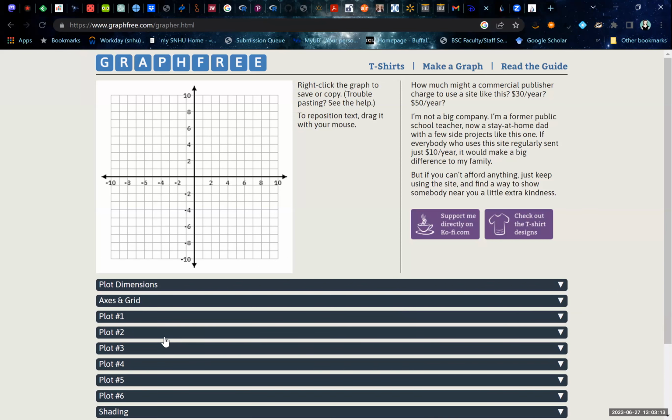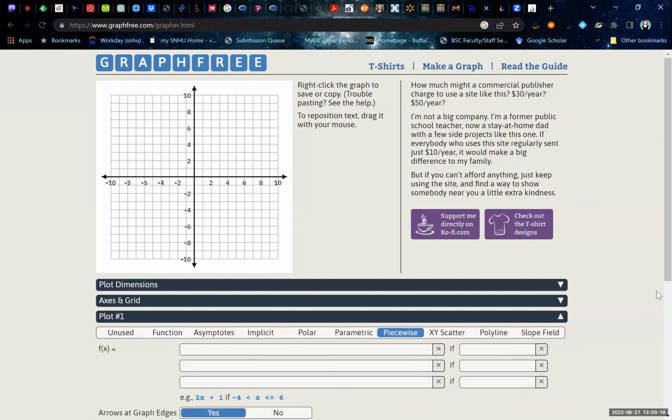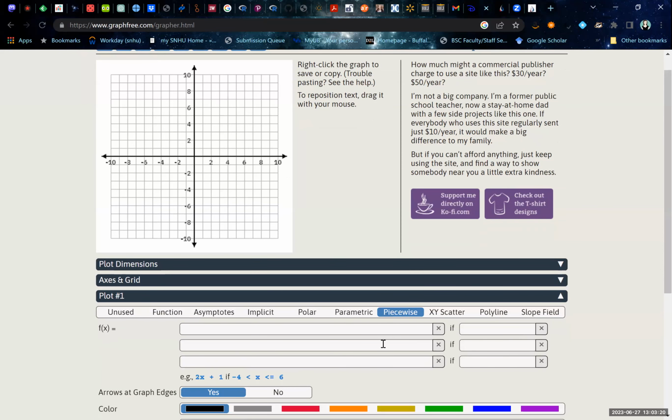And then I'm going to go to the first plot and I'm going to select piecewise, which will give me a bunch of pieces and places where I can put inequalities. So I had x plus 4 when x was less than or equal to -1, and I had 2x minus 1 when x was greater than -1.